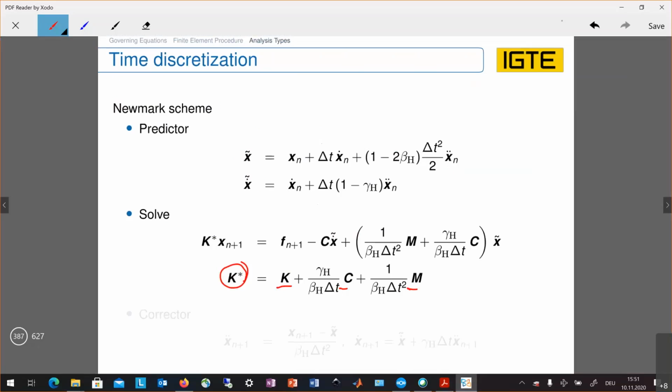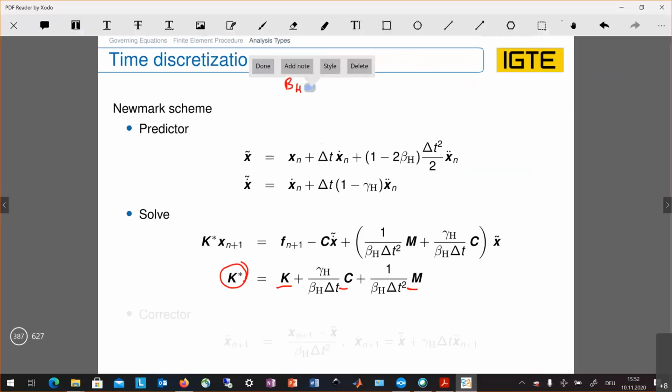And these gamma h and beta h are integration parameters for this time discretization scheme, and as a standard you use beta h equal 1/2 and gamma h equal 1/4, and that gives you then second order accuracy.